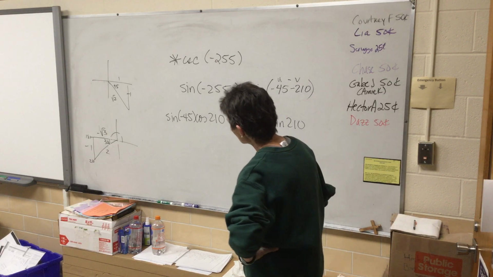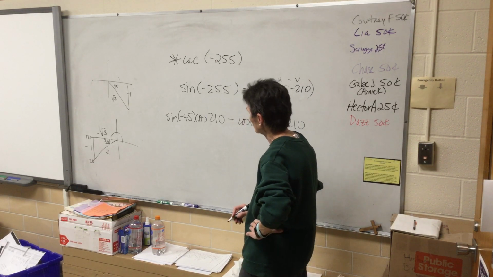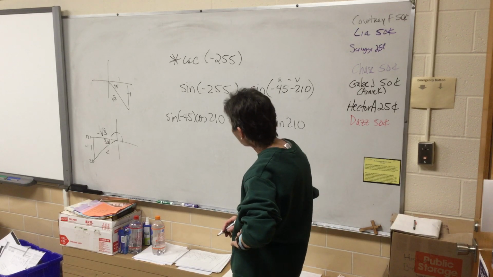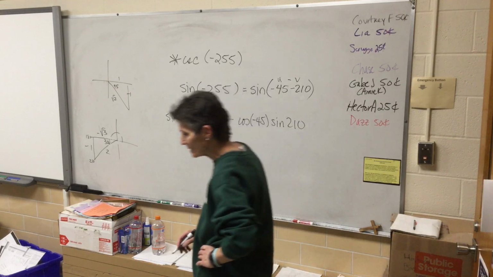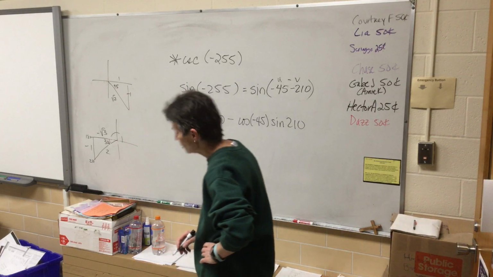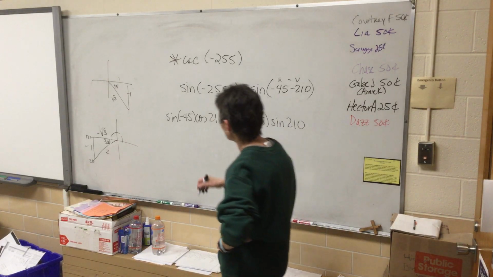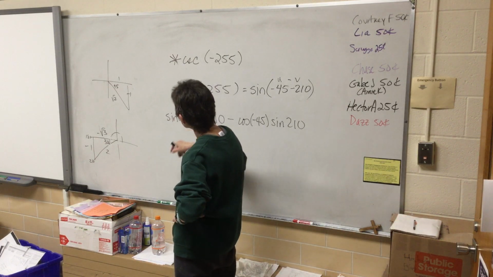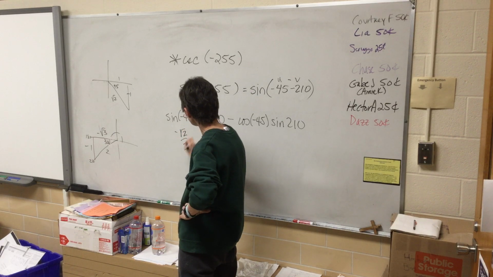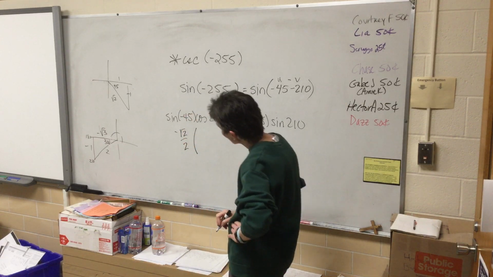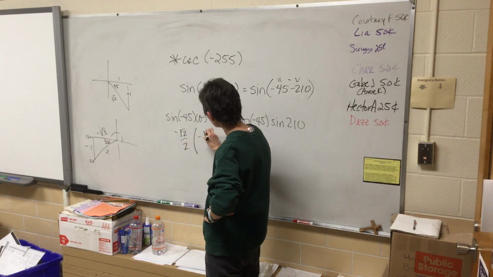Now I'm going to do something here a little different than I normally do. I'm not going to rationalize because I know what's going to happen eventually, right? Well, actually, never mind. I'm going to go ahead and rationalize. So the sine of negative 45 would be negative root 2 over 2. The cosine of 210 is negative root 3 over 2.